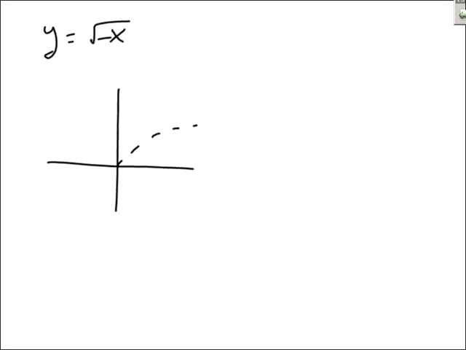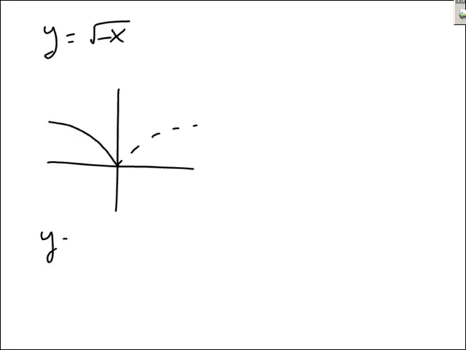Now what we're going to do is replace x with negative x. That's a reflection across the y-axis, or the new y-axis. That is, if I give you y is equal to the square root of negative x, instead of going this way, we go that way.